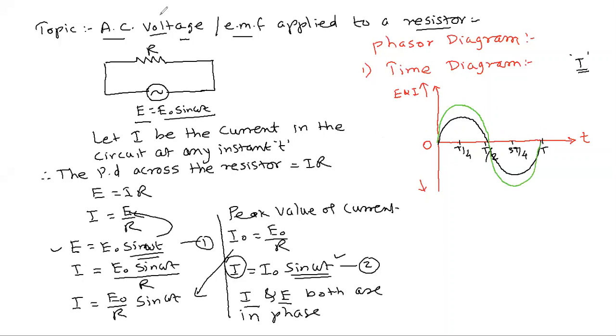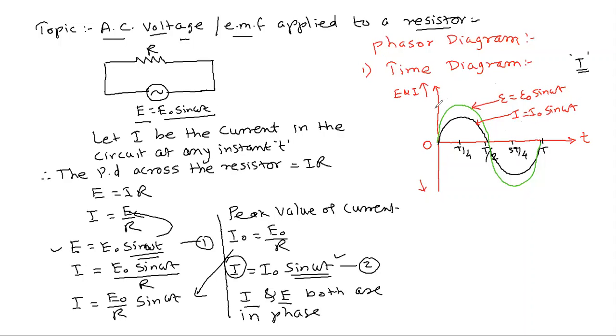Here this value is nothing but EMF E is equal to E naught sine of omega t, and this represents I is equal to I naught sine of omega t.